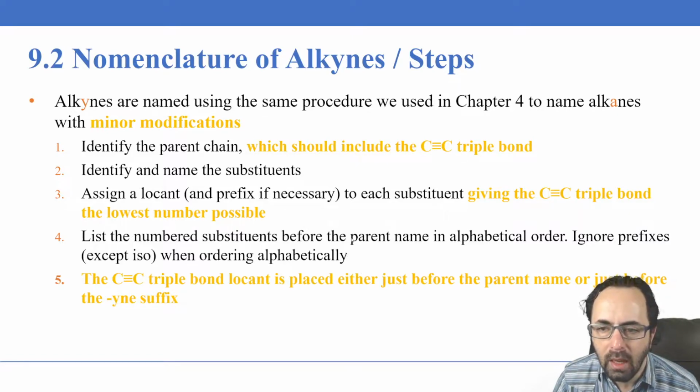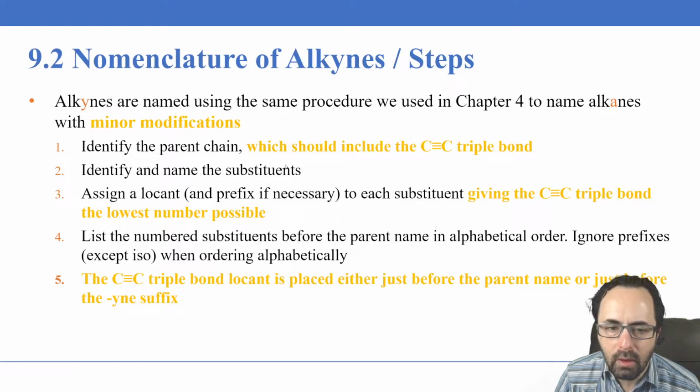So in terms of the naming of alkynes, it's very similar to the naming of alkanes and alkenes. Like the alkenes, if you have a carbon-carbon triple bond, you want that to be a part of your parent chain when you're naming it. And then you're going to look for the substituents that are attached to the parent chain but not a part of it.